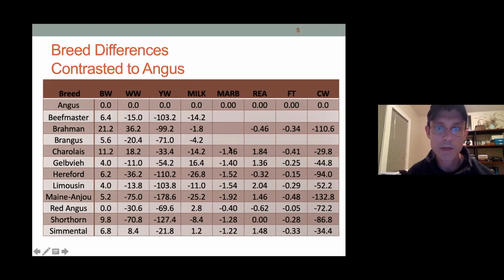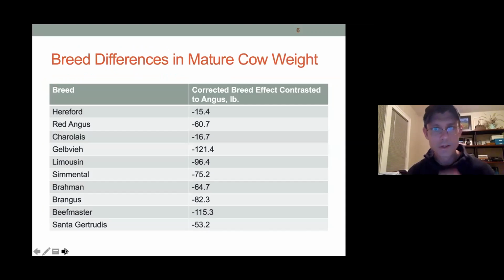You'll see a couple of American breeds have missing values for some of the carcass traits. That's simply because those breeds don't have EPD for those traits, and as a consequence, it isn't possible to adjust these breed differences to an average, right? So that's why there are missing values.